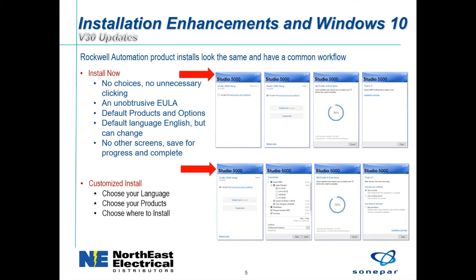There are now default products and options that are installed. The default language is English, but you can change that. And there are no other screens except for progress and completeness, unlike some of the other versions. The customized install is still available, so you can choose your language, choose your products, and choose where you want it to be installed.